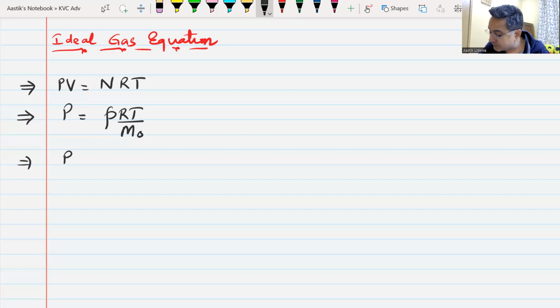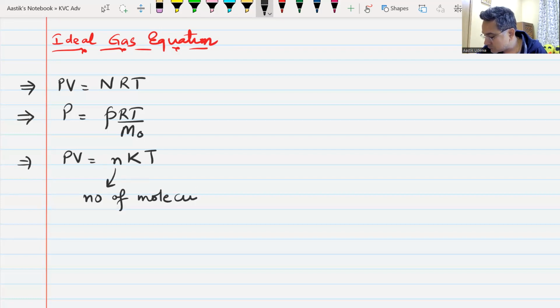One more form, PV is equal to small n KT. The small n is the number of molecules or particles. Do you know this form? Yes, sir. And K is known as the Boltzmann constant. Do we know this? Yes, sir.